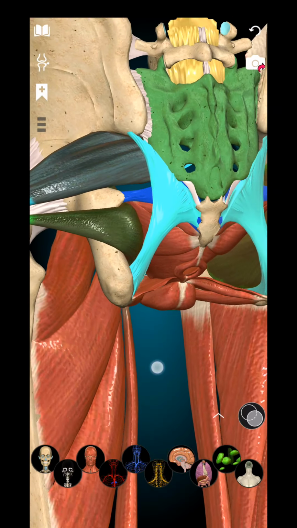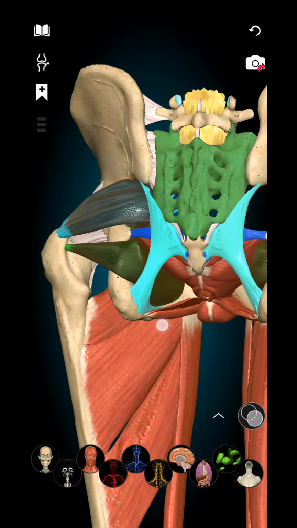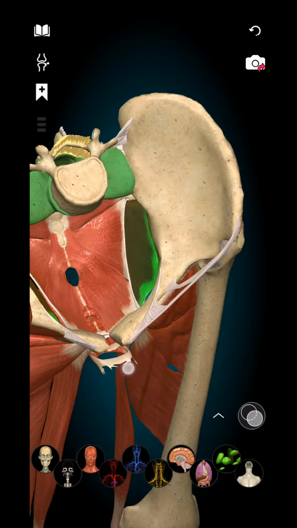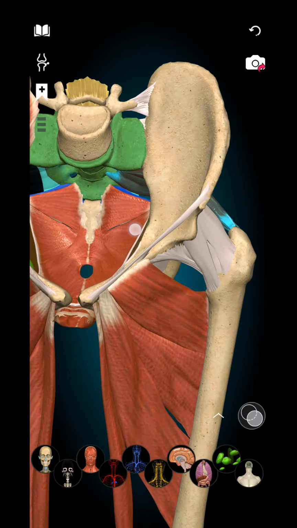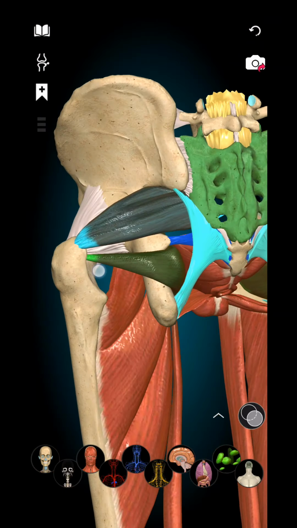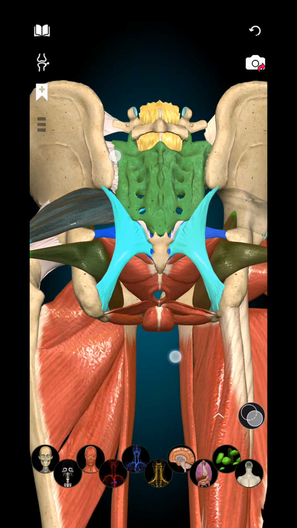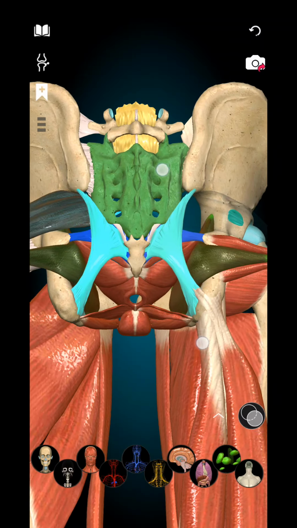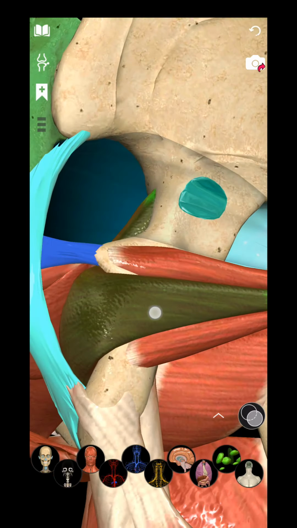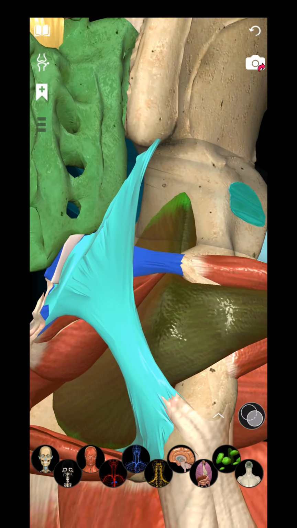Now look at what happens to the fibers of obturator internus. They are going backwards and then they turn by 90 degrees after passing through which notch or which foramen? This is the area of the lesser sciatic notch.